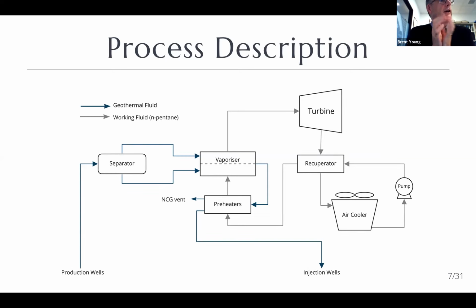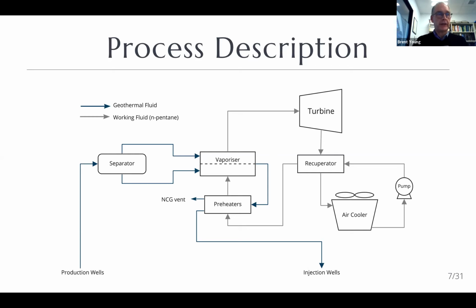So we've got brine and steam from production wells that go to an inlet separator where the brine and steam are separated. These are then sent to a vaporizer which exchanges heat with the working fluid, which is normal pentane.